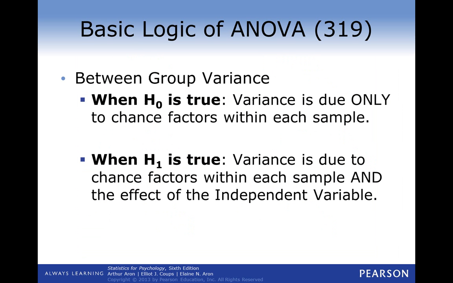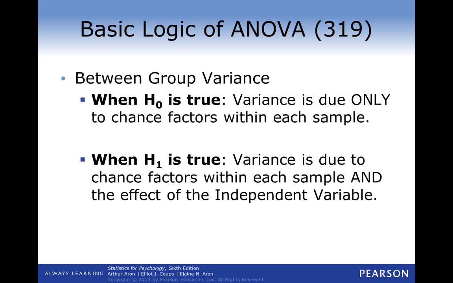So again, to recap, when the null hypothesis is true, variance is due only to chance factors within each sample. So if you run your F statistics and you find that you cannot reject the null because it is true, then that means any difference you found between the groups is simply due to the chance factor that each group is different to begin with.